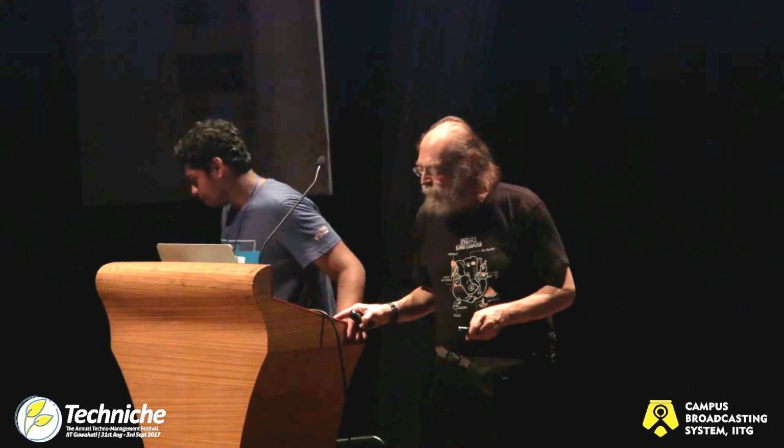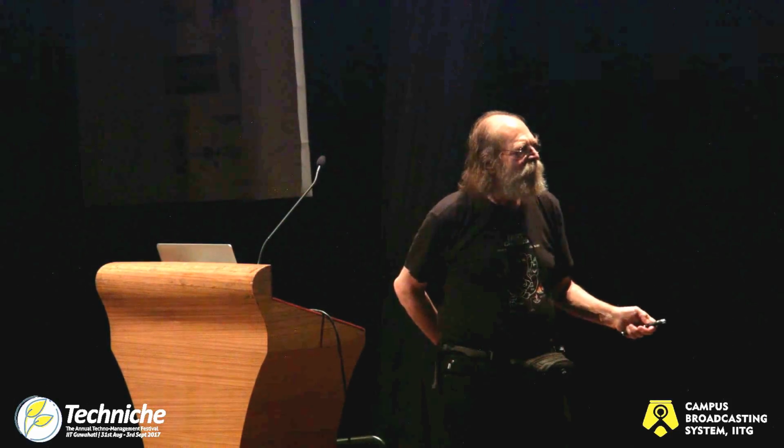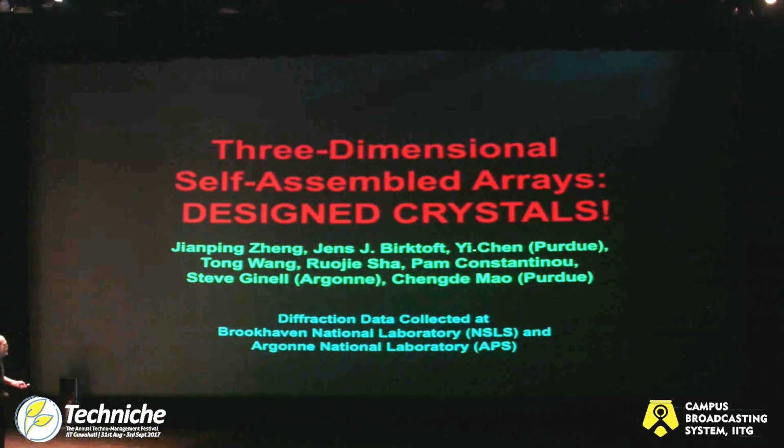Okay. Thank you. So after my afternoon in the pub in 1980, we finally were able to publish this work in 2009, 29 years. This is work done by Jianping Zheng, Jens Birktoft from my lab, Yi Chen from Purdue, who was the student of Chengde Mao from Purdue.